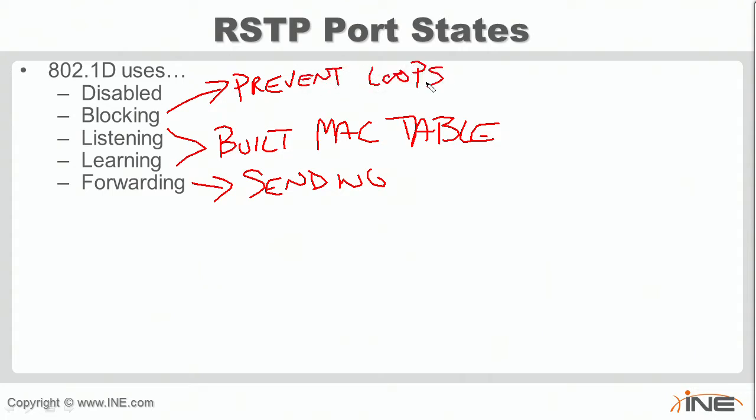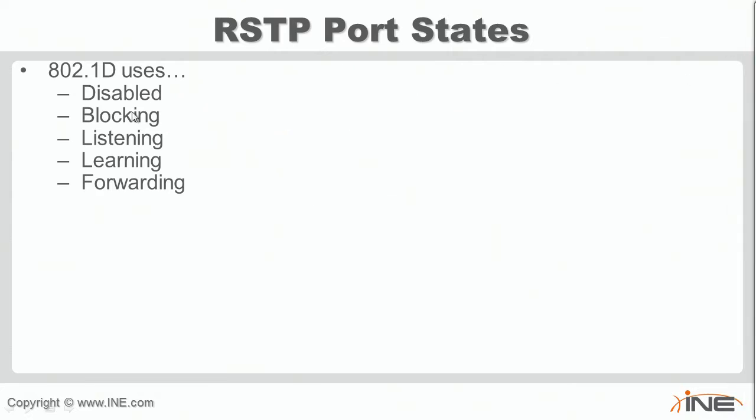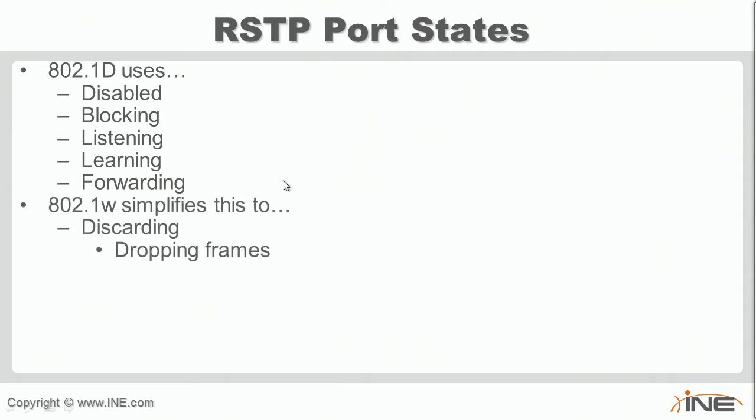So the rapid spanning tree algorithm takes this and simplifies it into a combination of these roles, where the first we have is discarding. That simply means that we're dropping frames. So whether it's discarding because the physical link is down, or it's discarding because it's in the equivalent of the blocking state, this is when we're not sending traffic out the interface. The next one is when we're learning the topology.